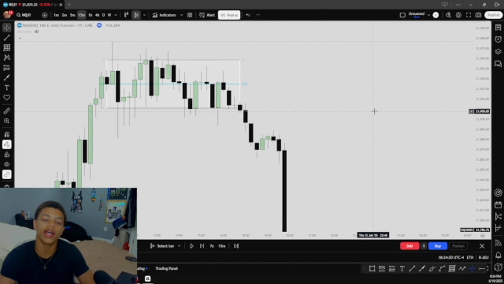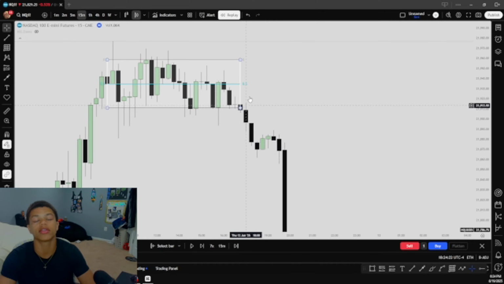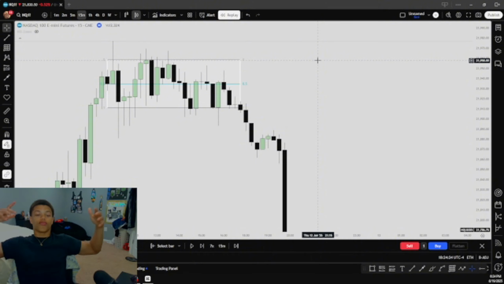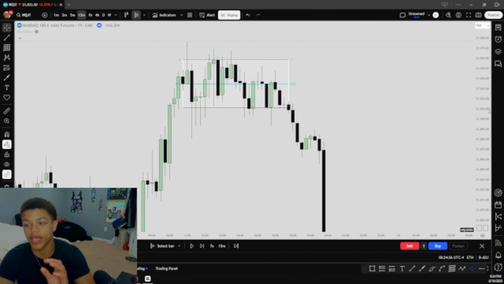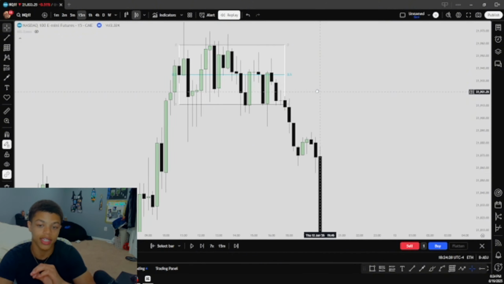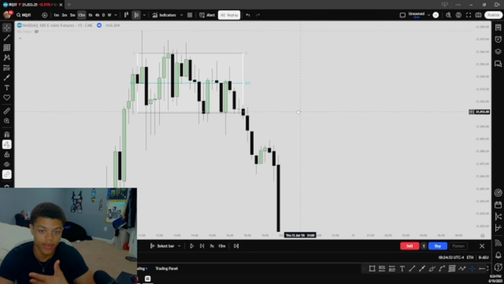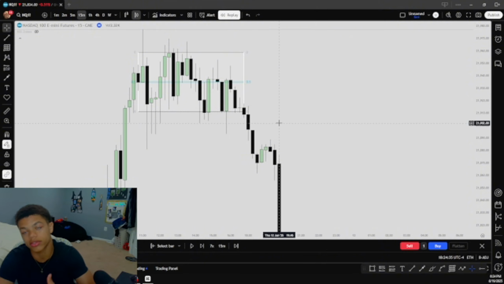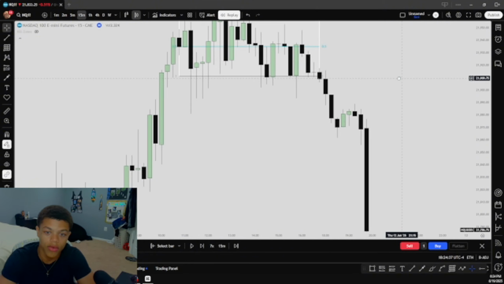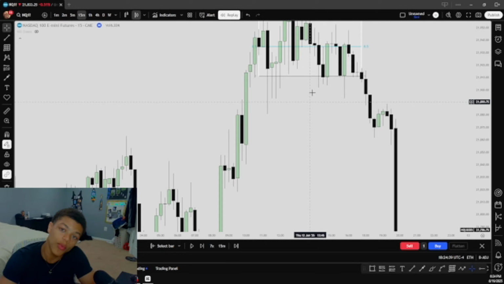All right. How do I identify a breakout from this consolidation? We want to see a full candlestick close out of this consolidation. Ideally, if I'm on a 5-minute, I'm looking for a 5-minute candlestick close, 15-minute candlestick close, you get the point. That doesn't mean I'm entering off a wick.